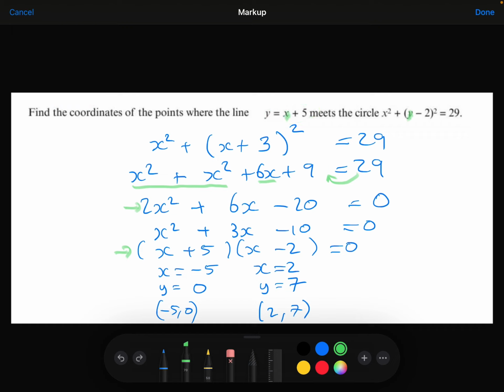So if I substitute minus 5 here, y is minus 5 plus 5, which is 0. If x is 2 here, I get 2 plus 5, which is 7. So the 2 points where that line intersects that circle are (minus 5, 0) and (2, 7).